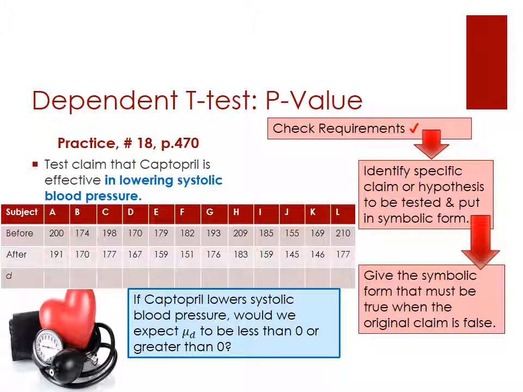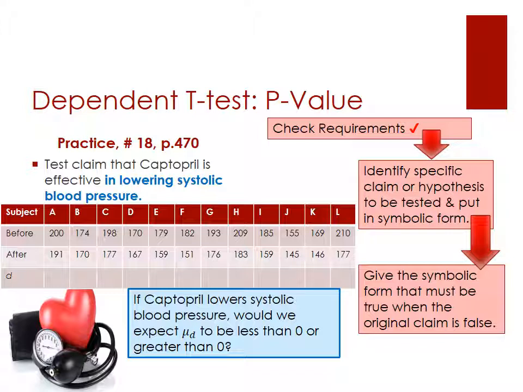Looking at the sample data that we have, we have before, after, and then we have the D. I haven't filled that in, but that would be the difference between each of those scores. So, if captopril does lower the systolic blood pressure, what do we expect the mean of D, that last column, the difference, to be? Less than 0, or greater than 0?